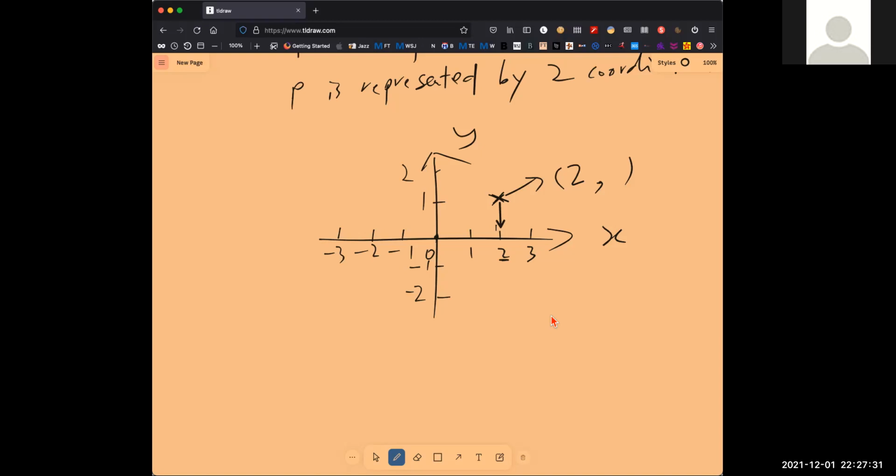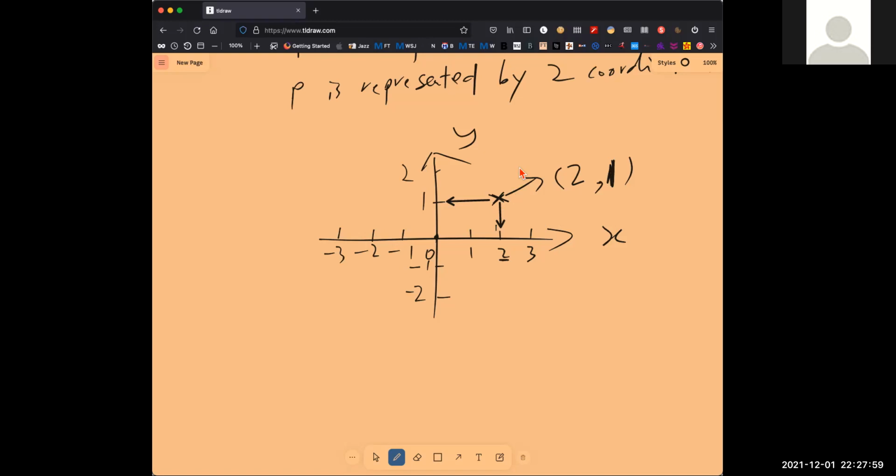Does it make sense? So if you point down, you get 2 for the x-axis, right? So now you look to the y-axis. What do you get? 1, yes. So that's how you get it.